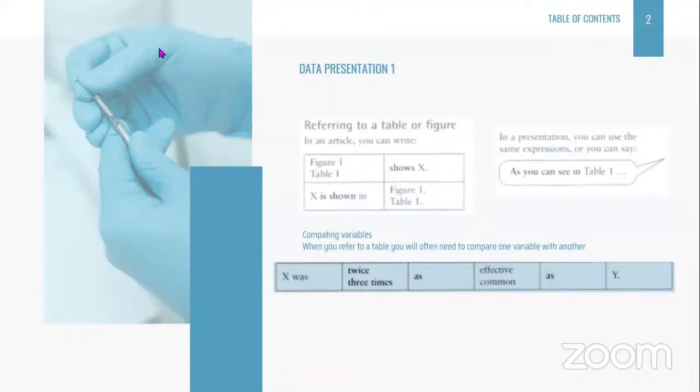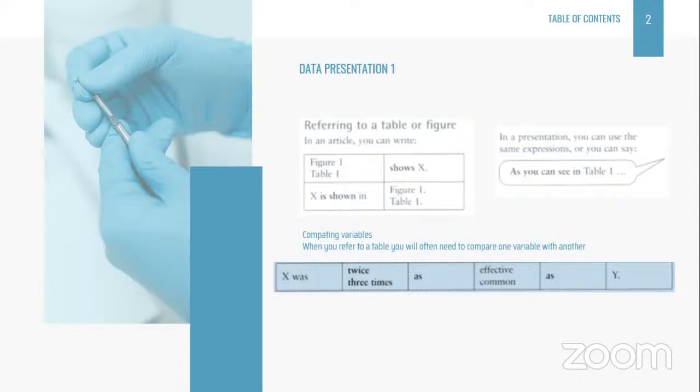Referring to a table or figure in an article, you can write figure 1, table 1. X is shown in, shows X, figure 1, table 1. In a presentation, you can use the same expressions, or you can say, as you can see in table 1.